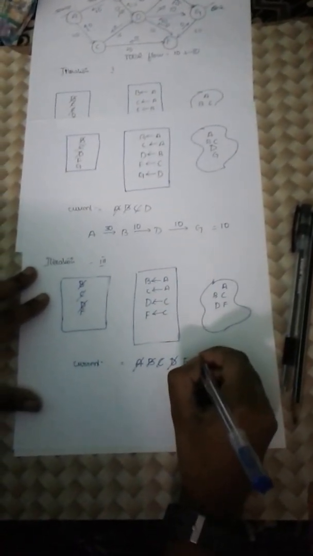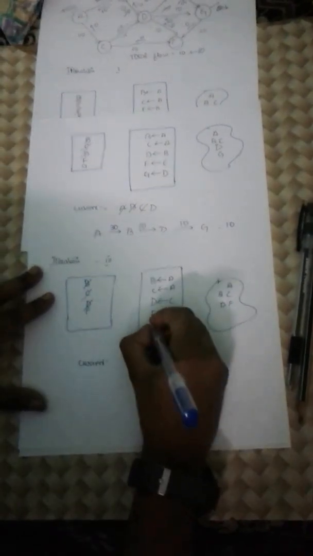From D I can go to G. No, see, this has become 0, so from D also we can't go anywhere, so I'm taking F. From F I can go to G.